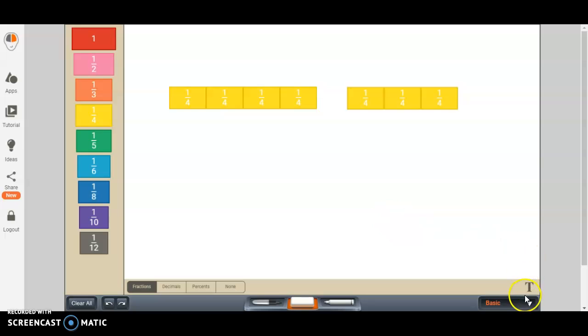So, if we look here, right, we have 1, 2, 3, 4, 5, 6, 7 pieces. And so if we look at just how we would write this as a fraction, well, my pieces are fourths, right? That means 4 of them make a whole.